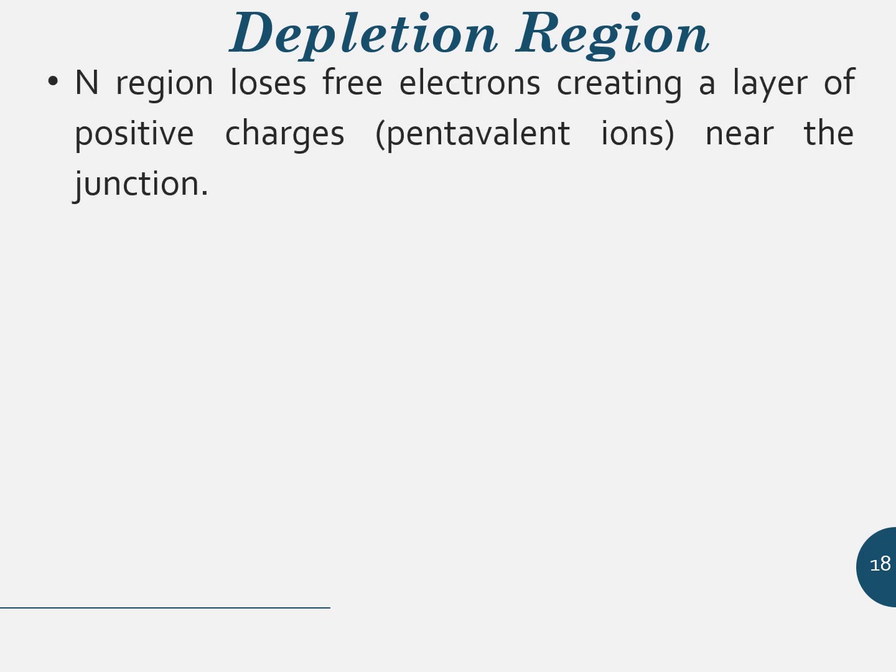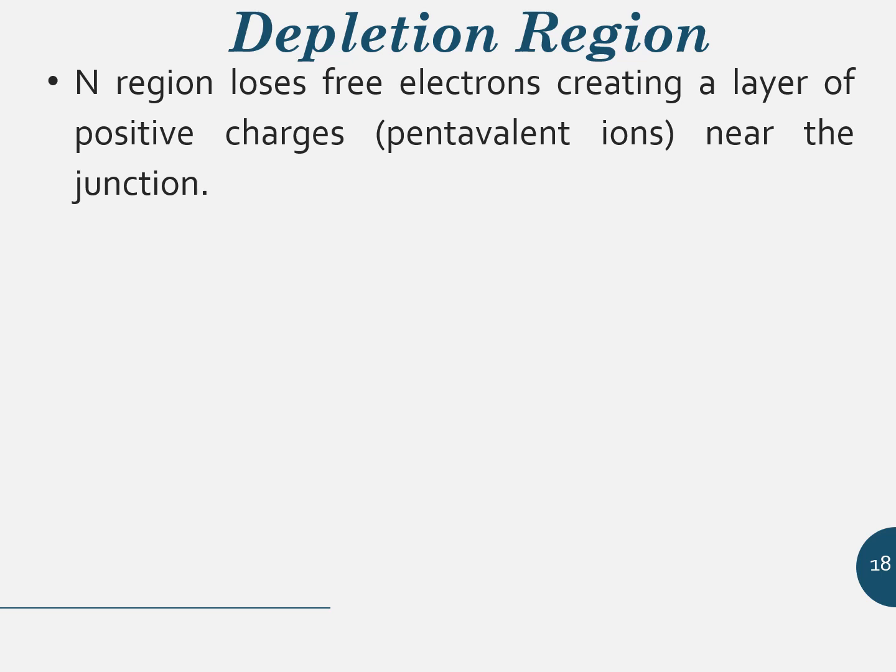Now we will understand what is the depletion region. When the p-n junction is formed, the n region loses free electrons as they diffuse across the junction. This creates a layer of positive charges, that is, pentavalent ions near the junction.